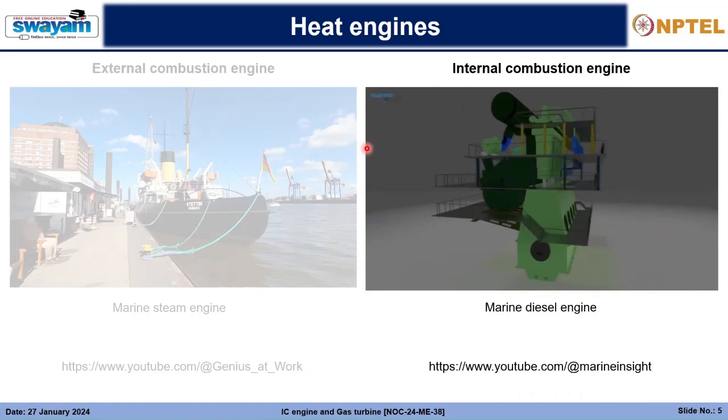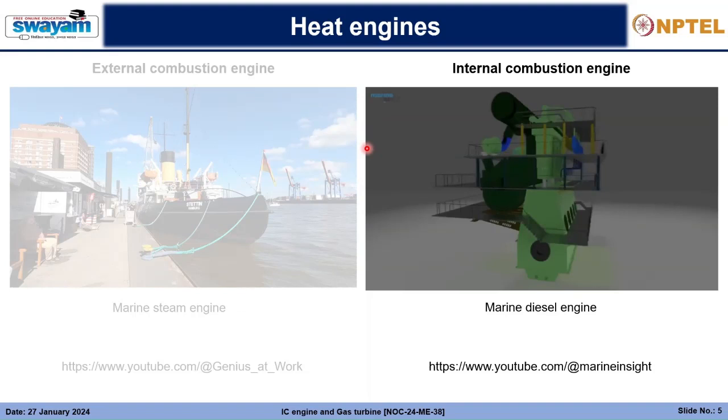So that was the internal combustion marine diesel engine, and in contrast to the external combustion marine steam engine, you will see that it occupies a little lesser space. There is no requirement of a burning grid to burn coal or solid fuels and produce steam to rotate the crankshaft.